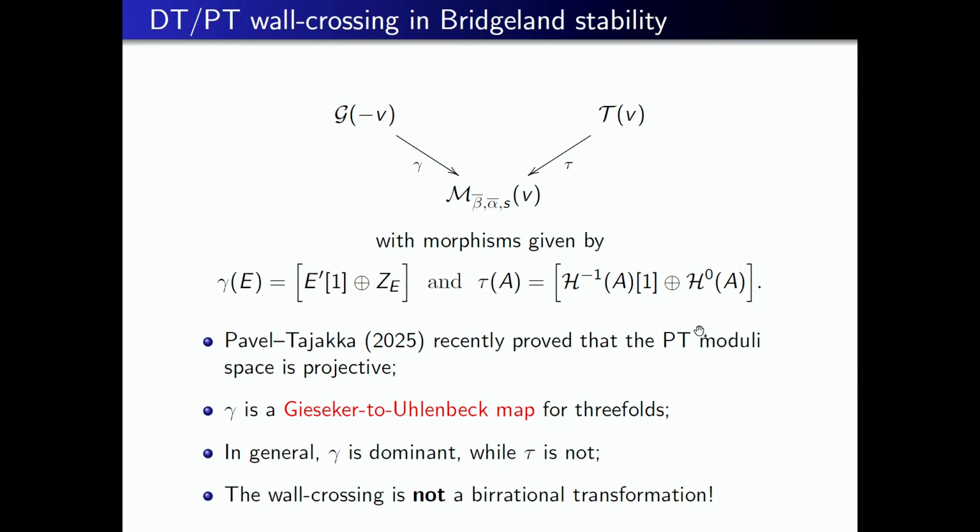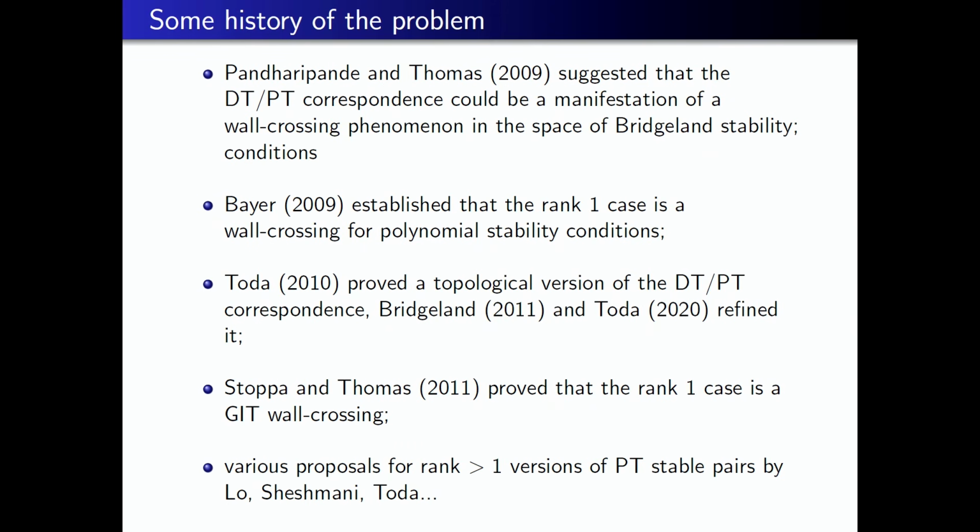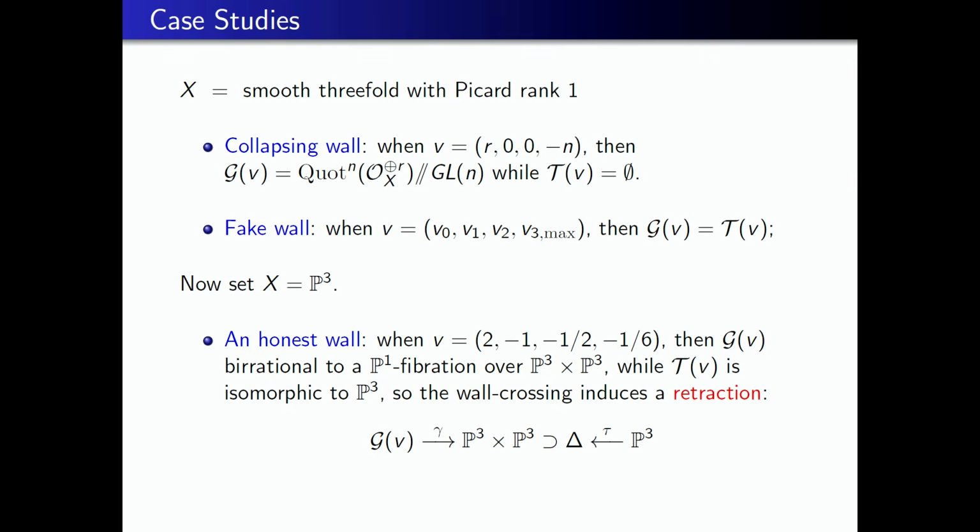So you may have things here that don't have a pre-image on T. And the wall crossing is not a birational transformation, most definitely, in this case, unfortunately. Maybe I'll get to the case studies in this iteration of the talk.